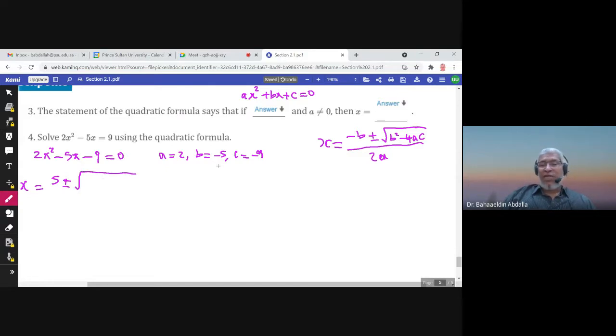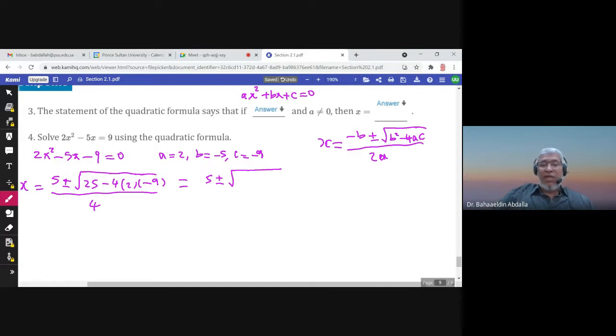What is the discriminant? b squared is 25, minus 4 times a, which is 2, times c, which is negative 9, over 2 times a, which is 4. So we have 5 plus or minus the square root of what? Put the discriminant inside the calculator: 25 minus 4 times 2 times negative 9.